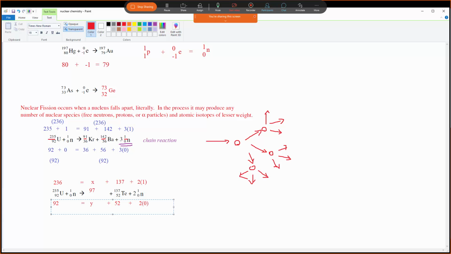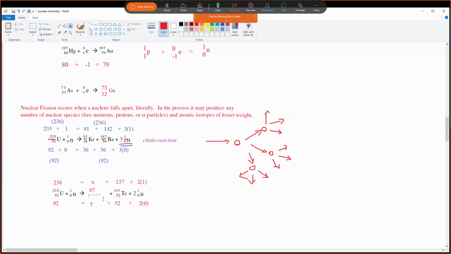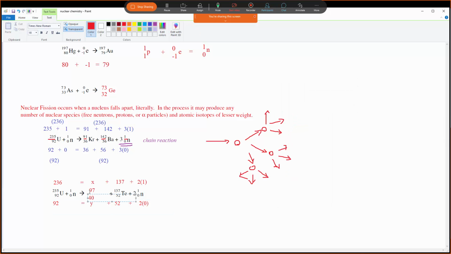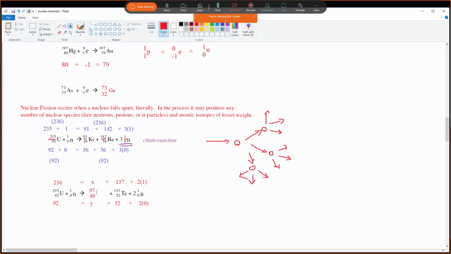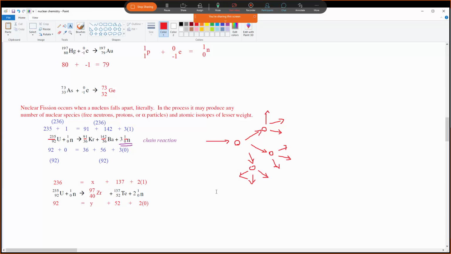Okay, so we pull out our calculator and we said 92 minus 52 gives me y must be 40, so 40 on the bottom. And then she looked up element number 40 on the periodic table and said, all right, that's got to be zirconium. That's the other thing that was formed there. Any questions on fission?